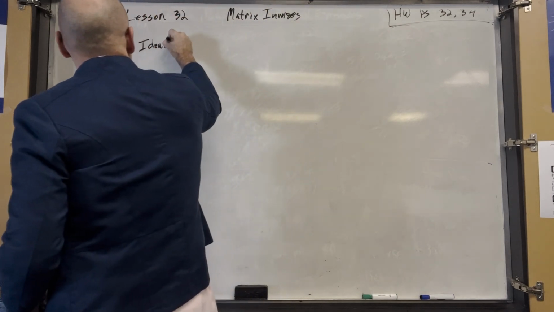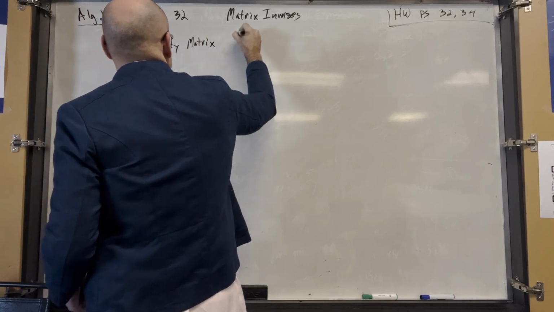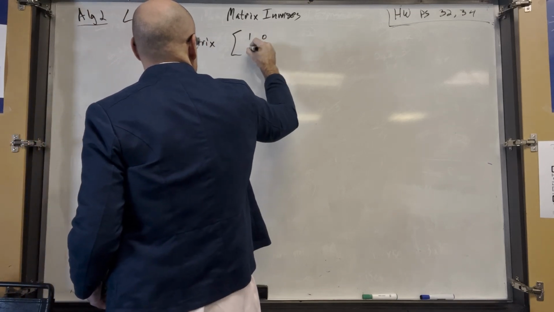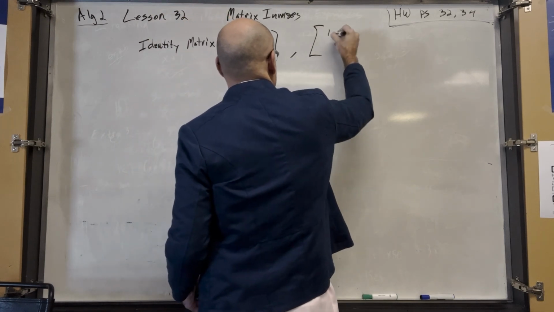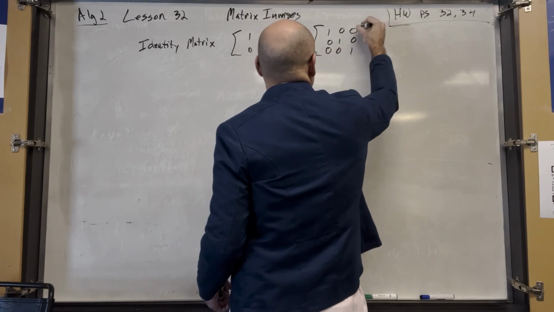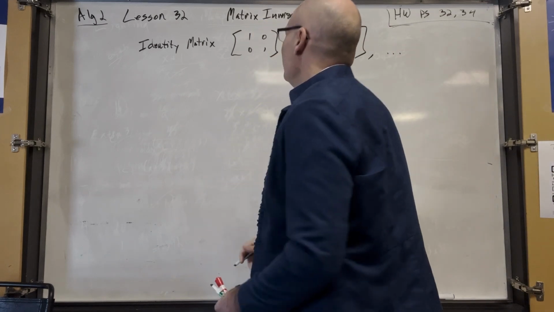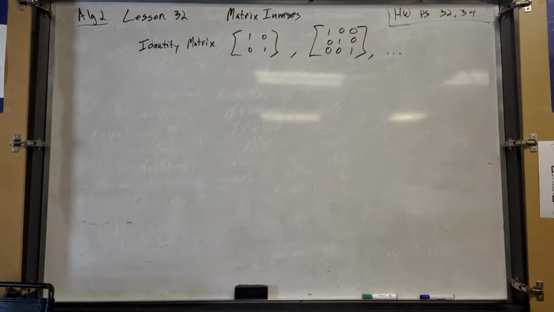If it's a 3x3, remember it's just 1s all the way down diagonally, and so on. Right now we're just going to talk about the inverse of a 2x2 matrix.